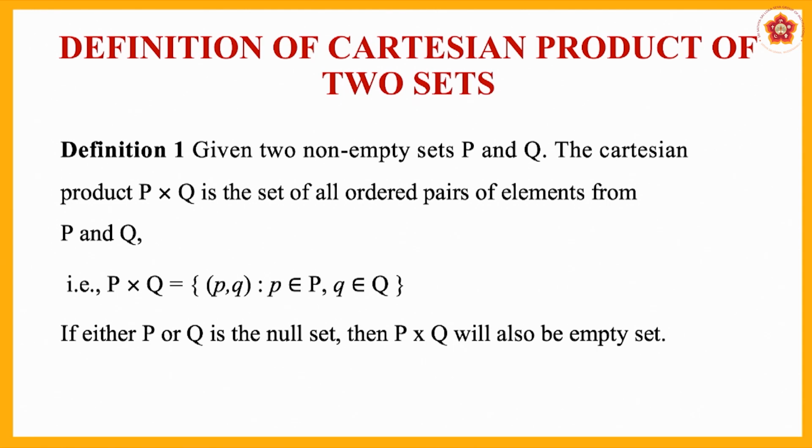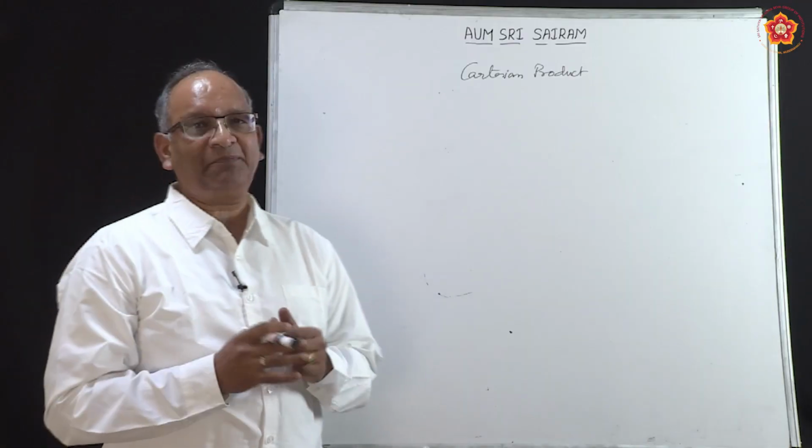Now, this Cartesian product is between two sets, basically multiplication of sets, but there is a condition. The condition is both should be non-empty sets. Suppose there is an empty set, it is something like numbers. You can always multiply the numbers.